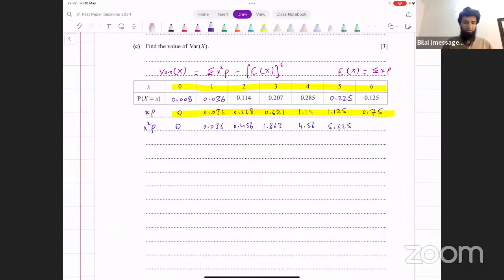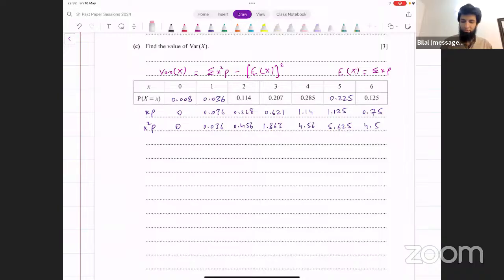And then finally 6 into 0.75, that's giving me 4.5. So we've got xp values and we've got x square p values. Now we need to evaluate sigma xp, sigma x square p, and then use them to find the variance.